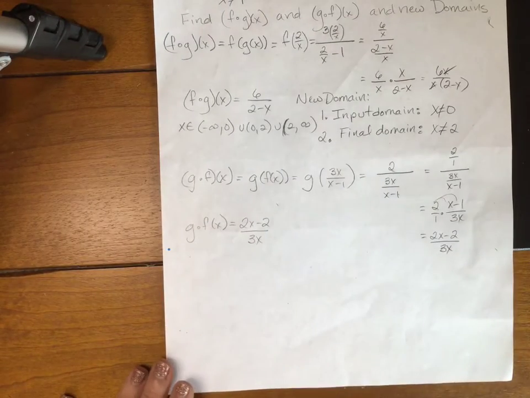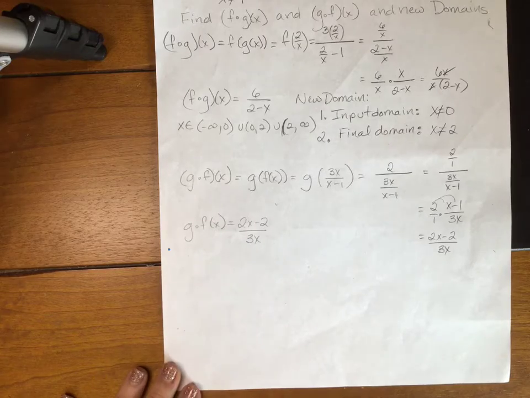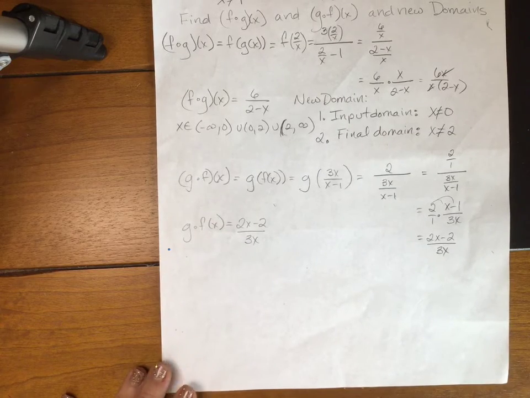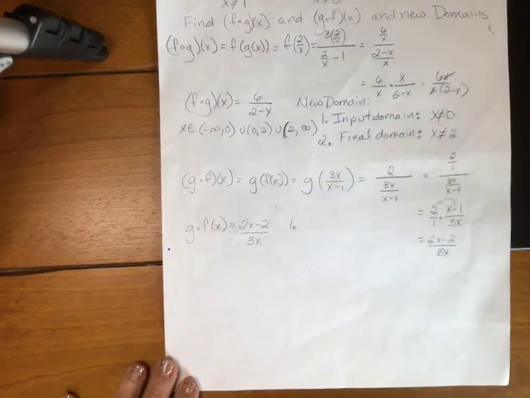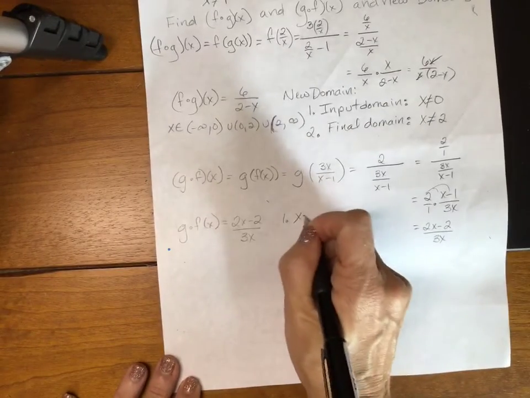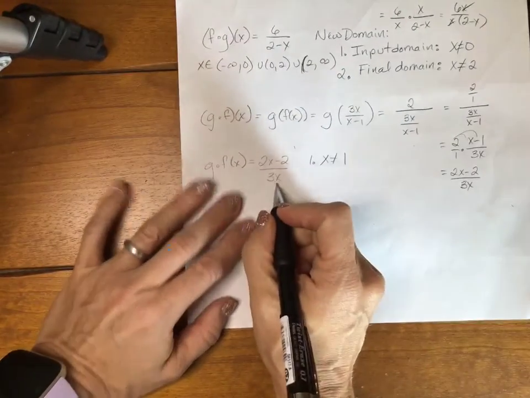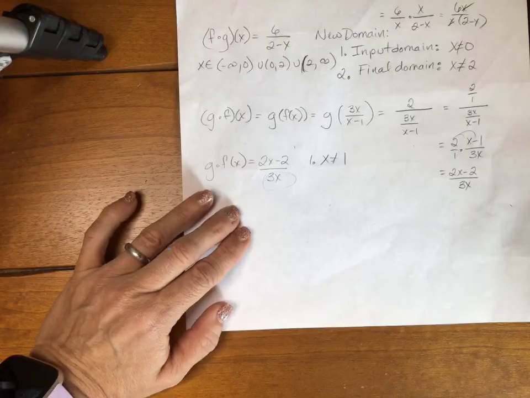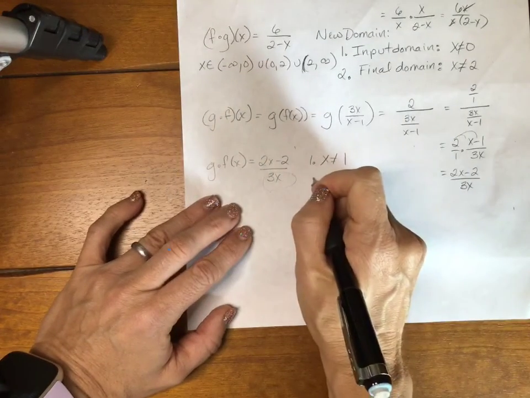Now what's my new domain? Maybe you want to pause this and see if you can come up with it on your own. But my input domain this time, x cannot equal 1. And my output domain, what would make the denominator 0 for my final function would be 0.